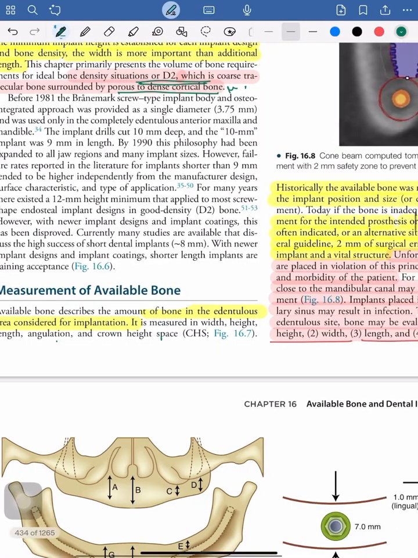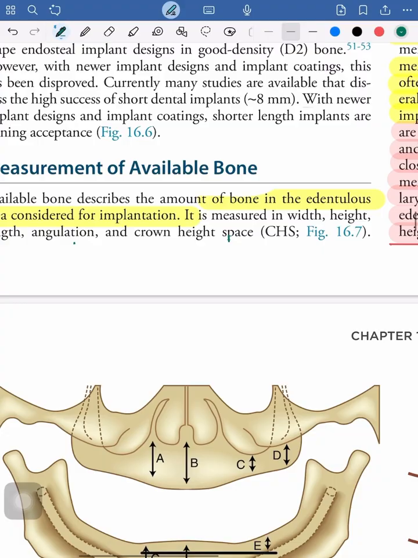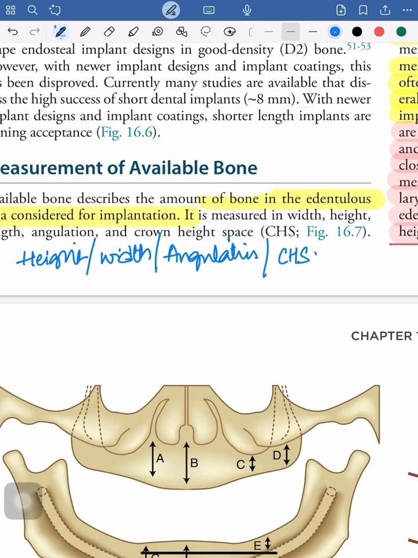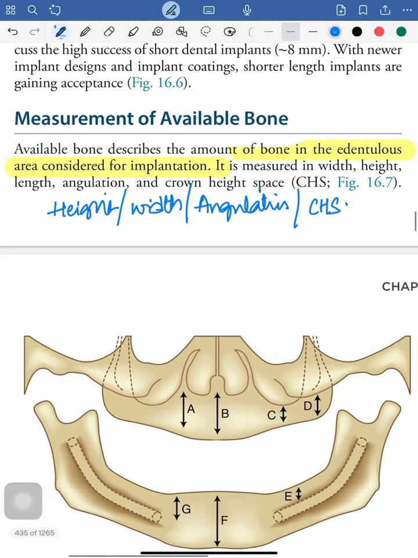So now we come to the measurement of the available bone. What all do we measure? As we already spoke, we measure the height, the width, the angulation, the crown height space, and what are we left with?